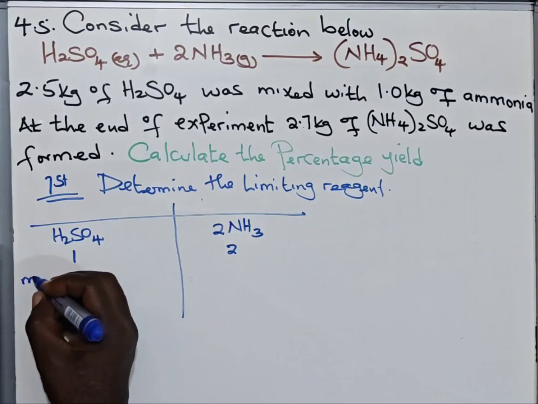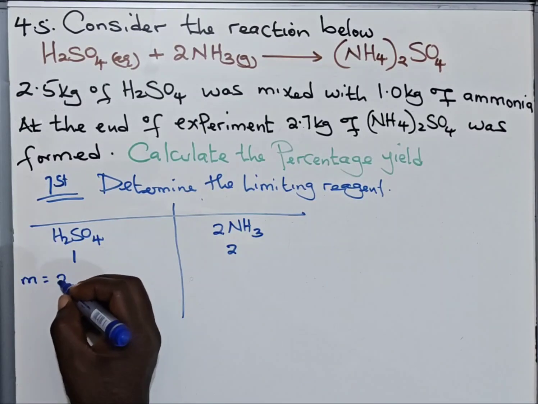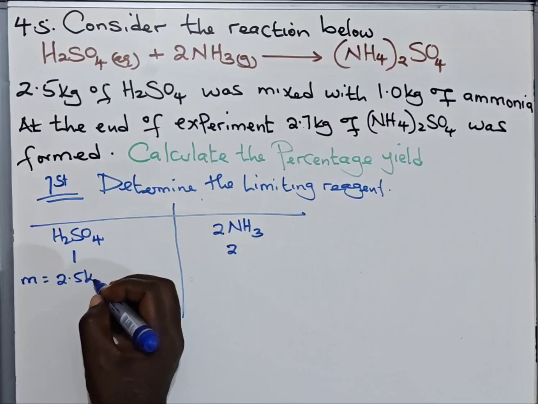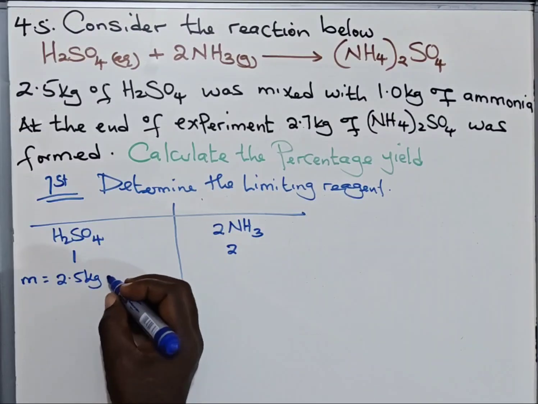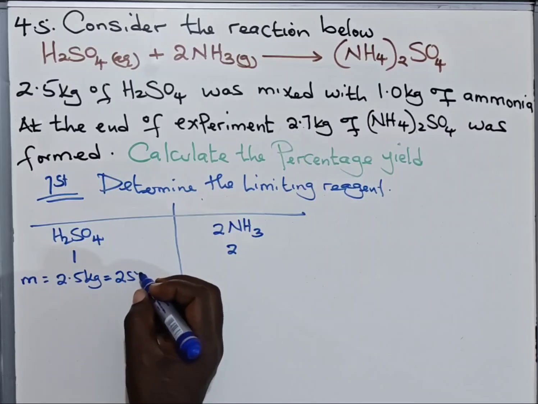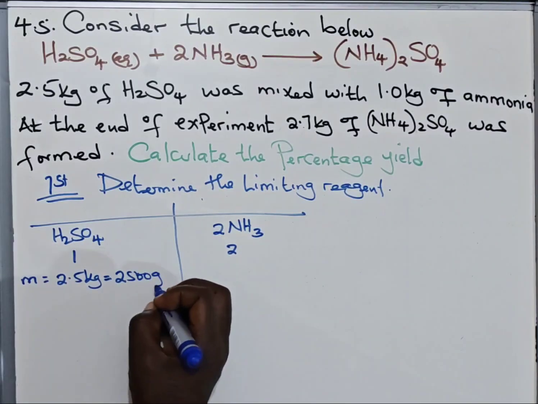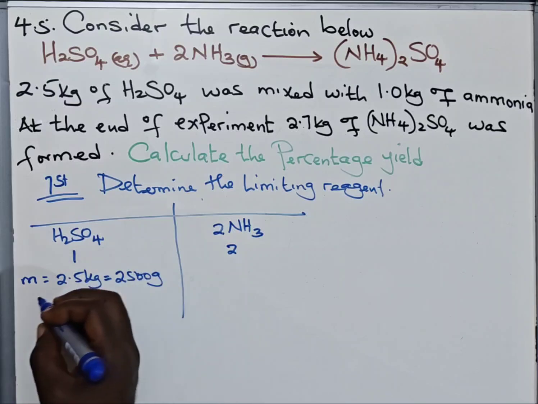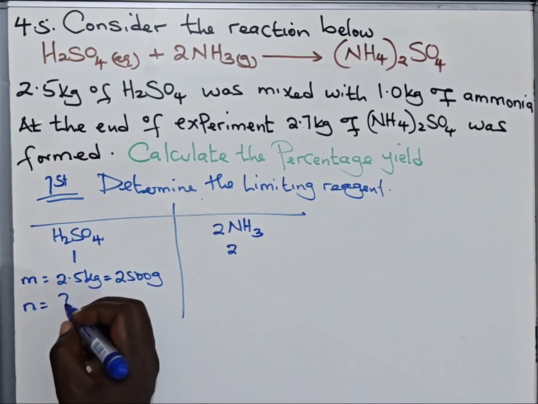Okay, so you have to find out, what do we know about sulfuric acid? We know the mass. The mass is 2.5 kilograms. And remember, we are supposed to use grams, so it's going to be 2,500 grams. Okay, what else do we need? We are going to determine number of moles.